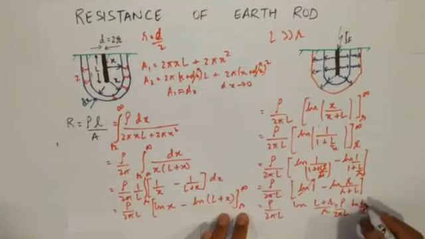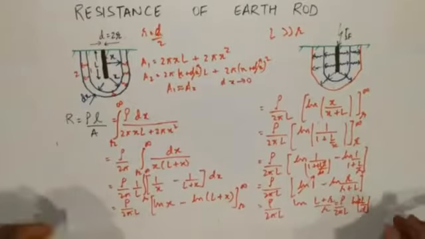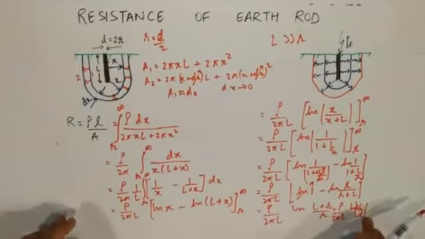So if diameter comes here, it will be ln 2L by d. So this is your final formula for the dissipation resistance.